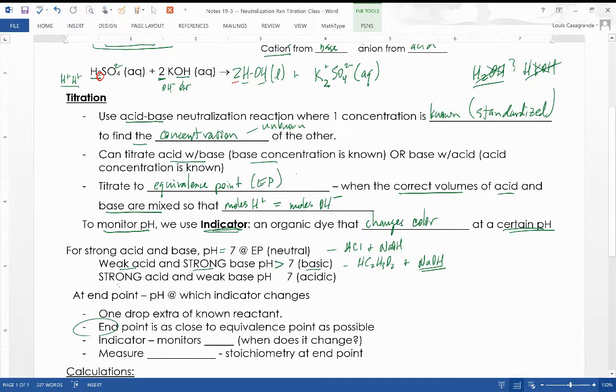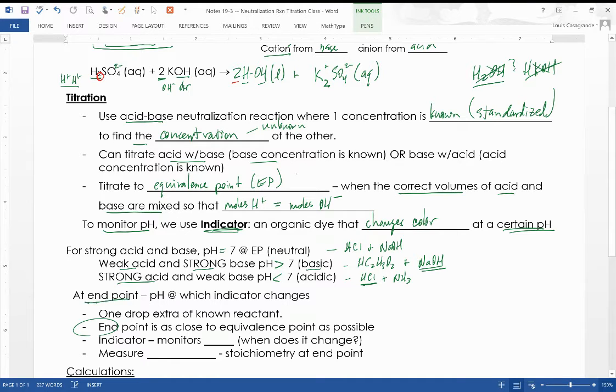And if we turn it around, a strong acid and a weak base, this would be something like HCl combining with ammonia. I'm not going to have you do that because that's a little tricky. That would have a pH that's acidic, because the acid would make the solution acidic at the equivalence point.